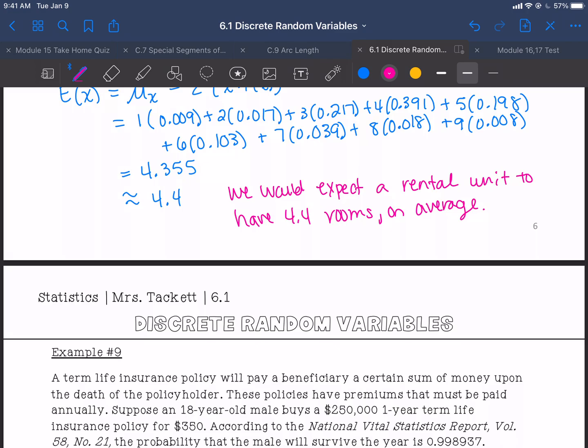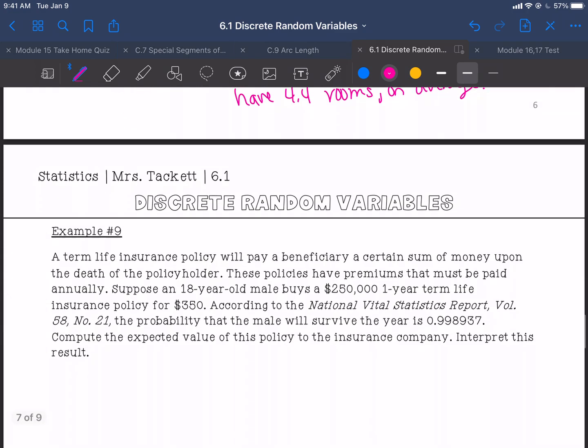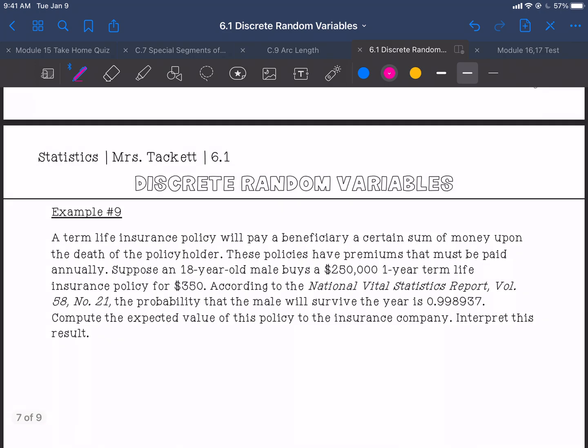All right. Example 9 here. A term life insurance policy will pay a beneficiary a certain sum of money upon the death of the policyholder. These policies have premiums that must be paid annually. Suppose an 18-year-old male buys a $250,000 one-year term life insurance policy for $350.